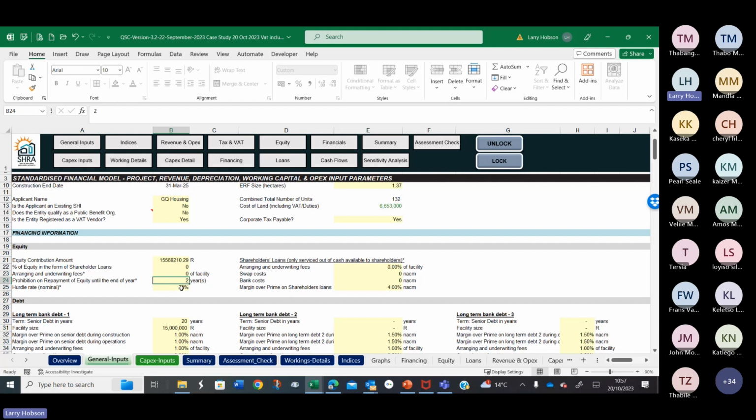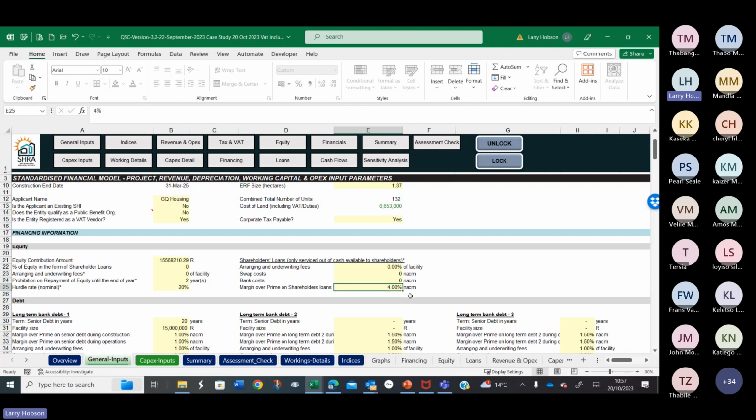No prohibition on equity. If there is a hurdle rate, shareholders are normally looking for 20% on their return, but it doesn't matter because there are no shareholders' loans anyway. So we're just assuming this is an equity contribution. So in this case, there are no arranging and underwriting fees, no swap costs, no other bank costs.